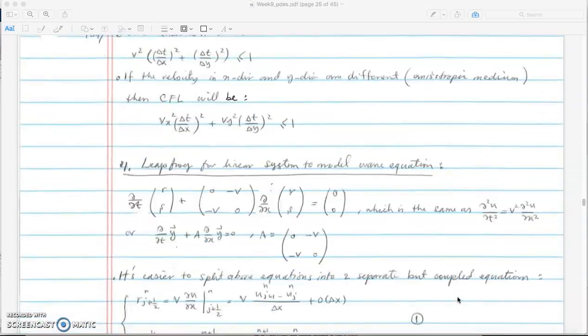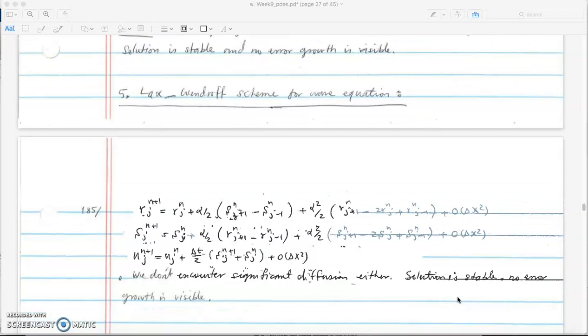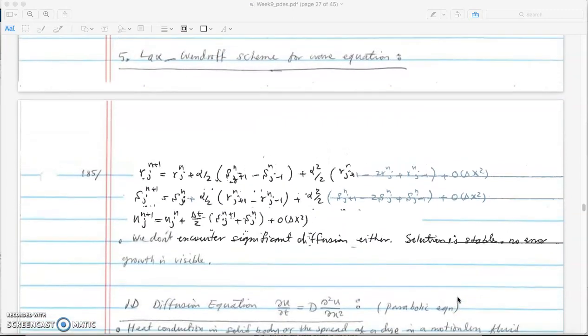All right. So if we go to Lax-Wendroff scheme right here, this is the discretization of advection equation for r. This is discretization of advection equation using s. Remember, we are using discretization on page 178.